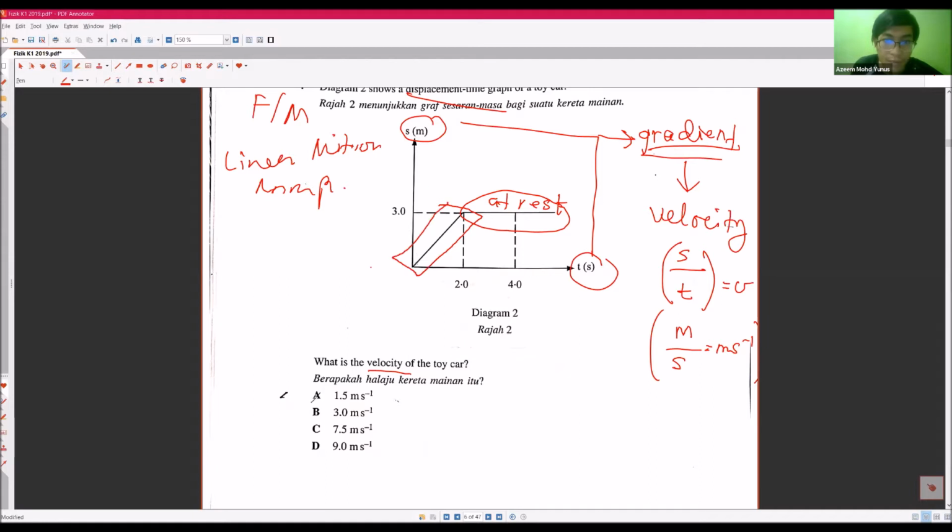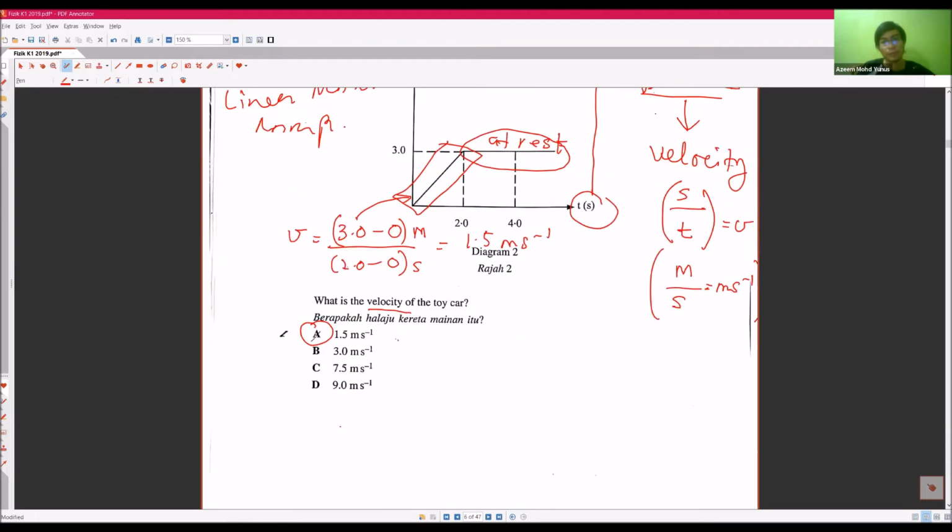We can calculate the gradient for this particular part. So velocity equals 3.0 minus 0 divided by 2.0 minus 0. This is meter, this is second. So 3 divided by 2 is 1.5 meter per second. So the answer is A.